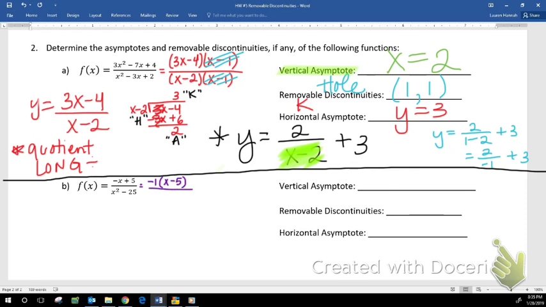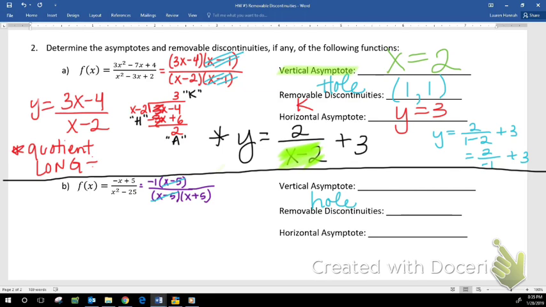Then in the denominator we have a difference of perfect squares, so that is x minus 5 times x plus 5. Oh, this one is so nice because right away we see what cancels. X minus 5 and x minus 5 cancel. Whatever cancels gives us the removable discontinuity, or the hole.